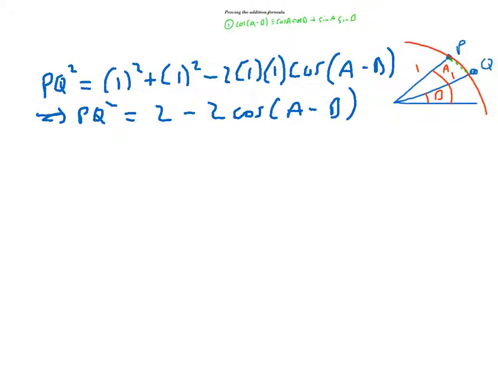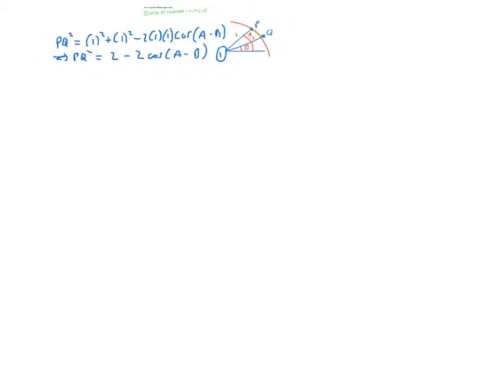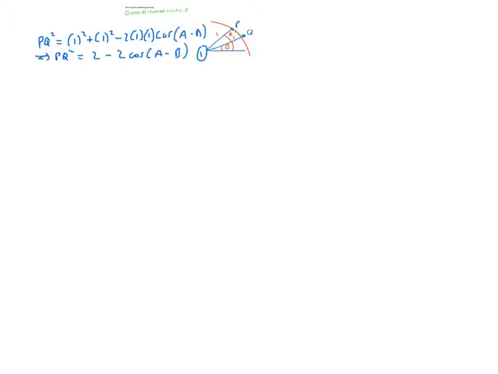So therefore PQ squared equals 2 minus 2 cos A minus B. This is our first major equation. I could also look at this a second way, in order to compare it to my cosine result. Q must give coordinates.